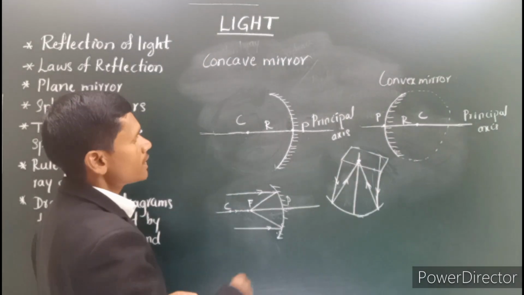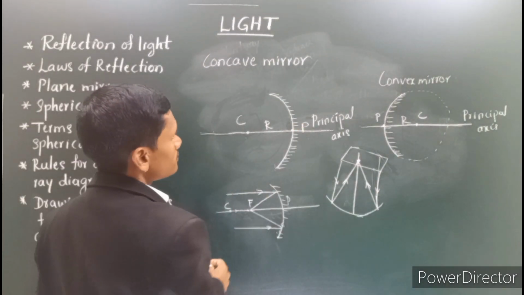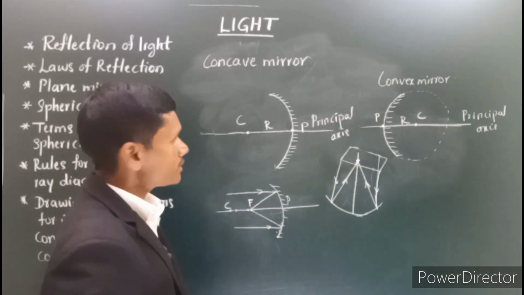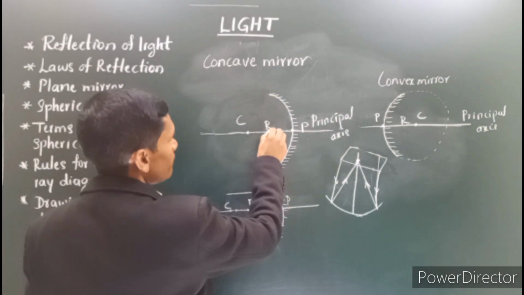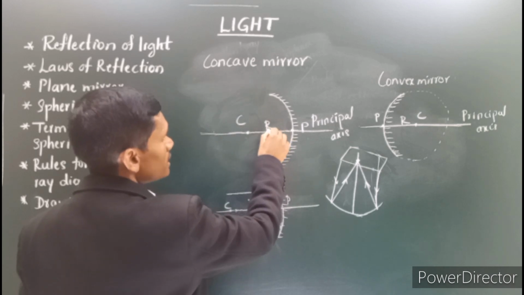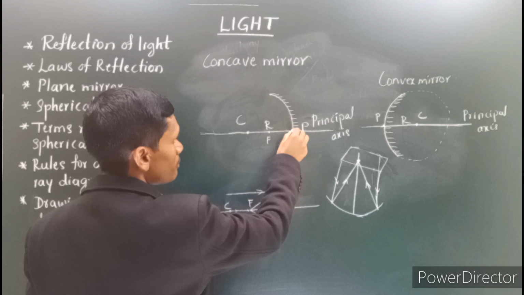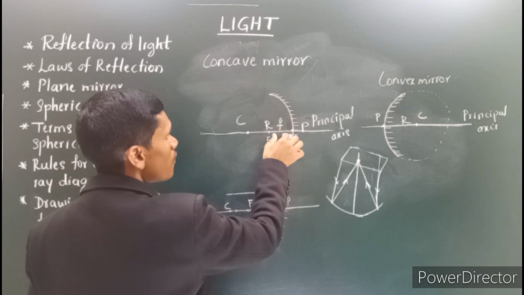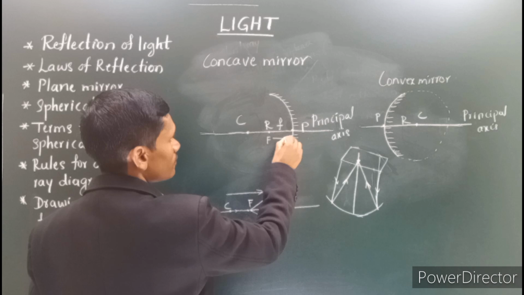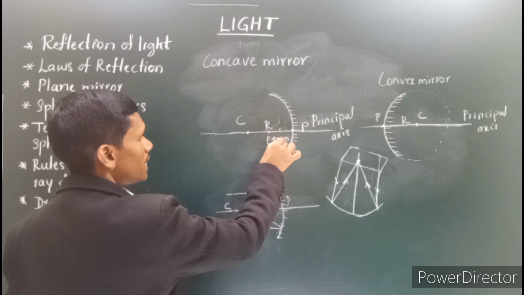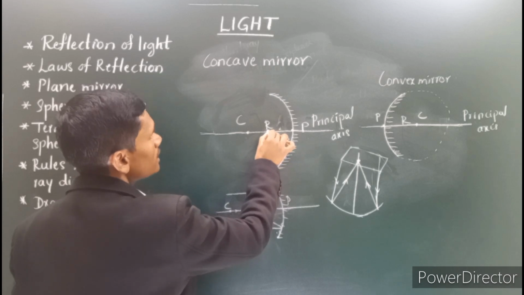What is that? That rule says, when you use mirrors of small aperture, then the distance between the principal focus and the pole of the mirror is called the focal length. We call this the focal length, this distance from here to here, and it is denoted by f.